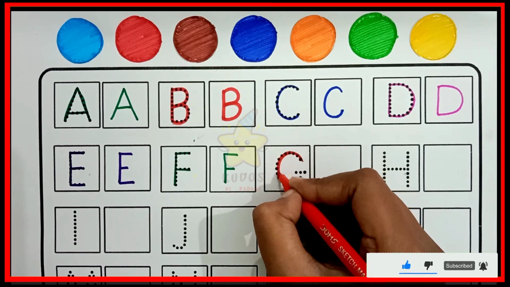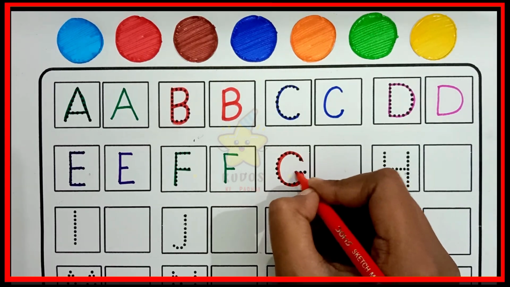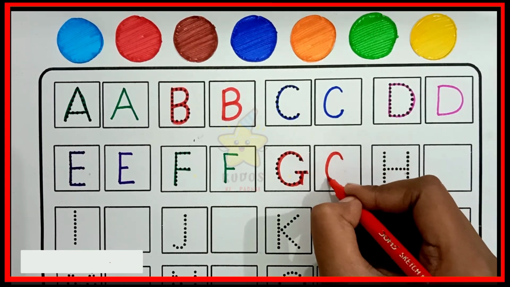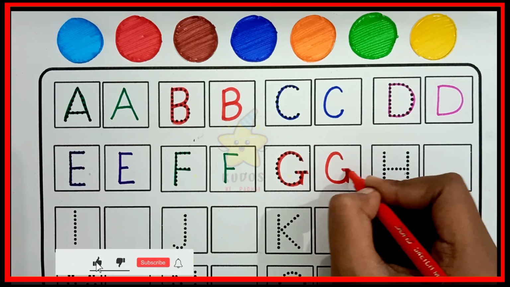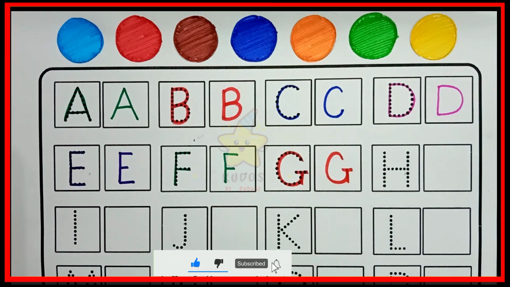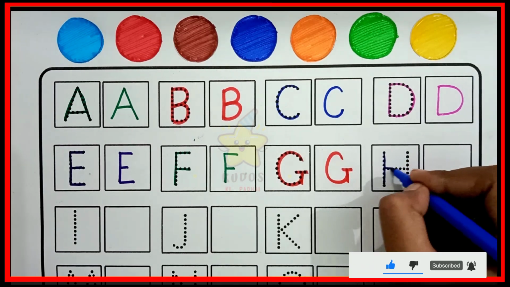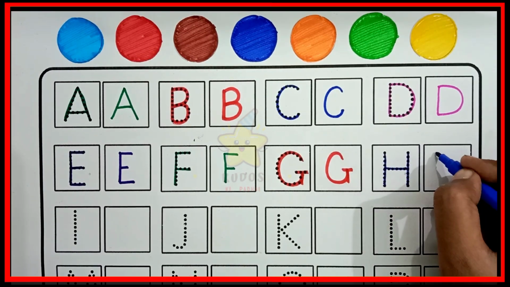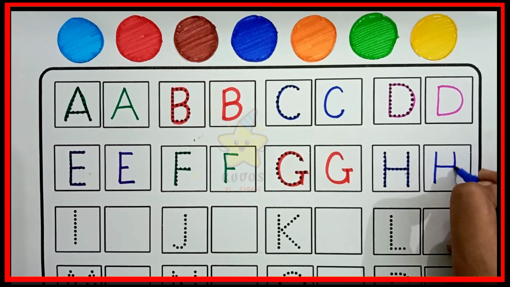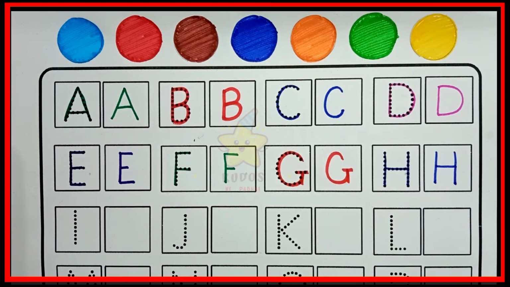Red color, G for girl. Blue color, H for hen.